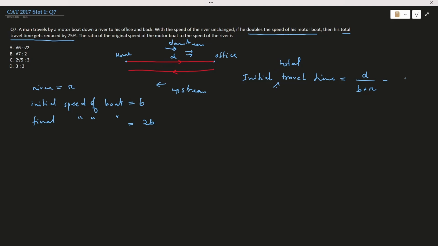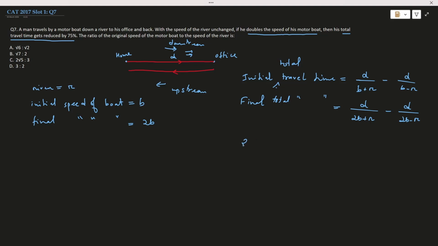While coming back he is moving upstream, so it will be b minus r. Final total travel time, distance is the same: d by 2b plus r plus d by 2b minus r. Now we are told that when he doubles his speed, the total time gets reduced by 75%.